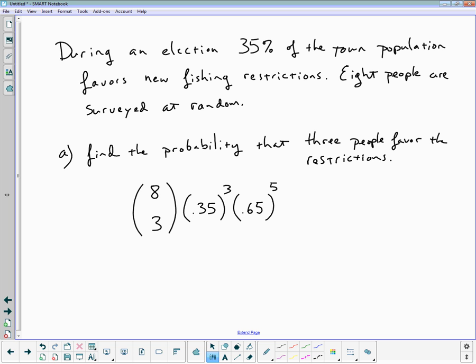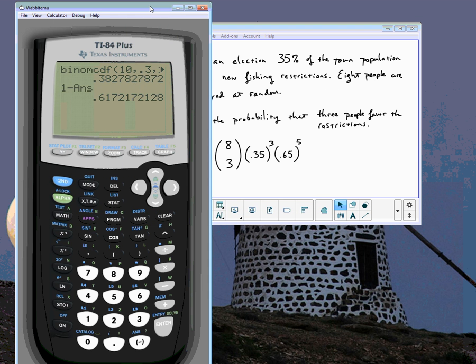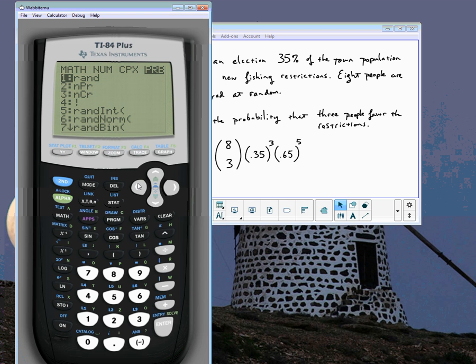Okay. Now, putting the binomial coefficient in, if you're using the calculator, go to... now, the number in front would be 8, and the number at the end would be 3, 56.